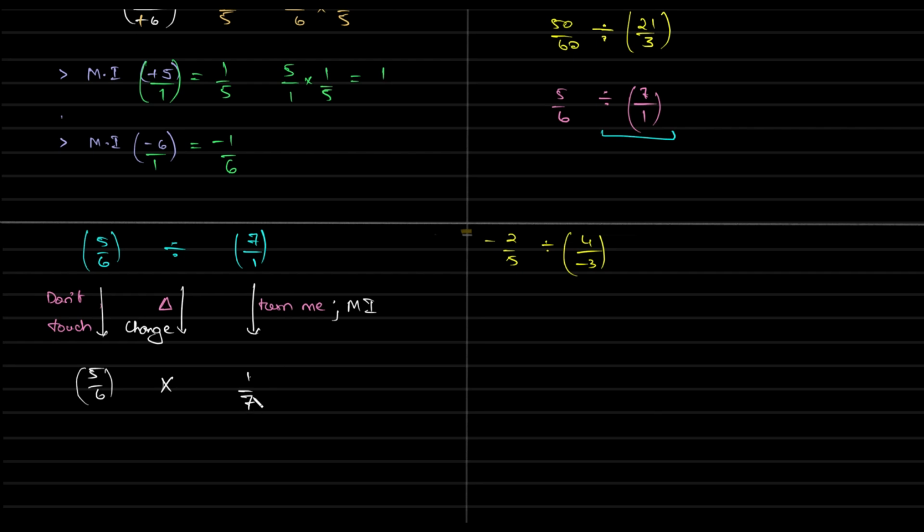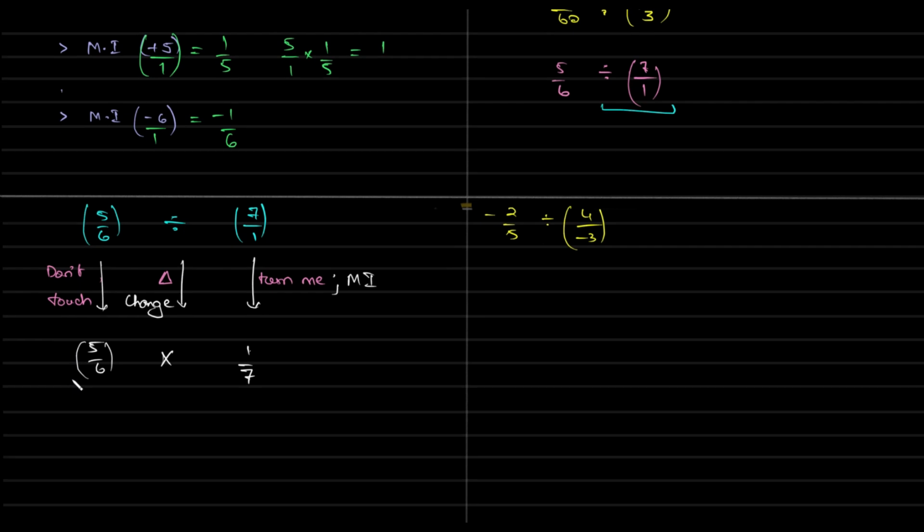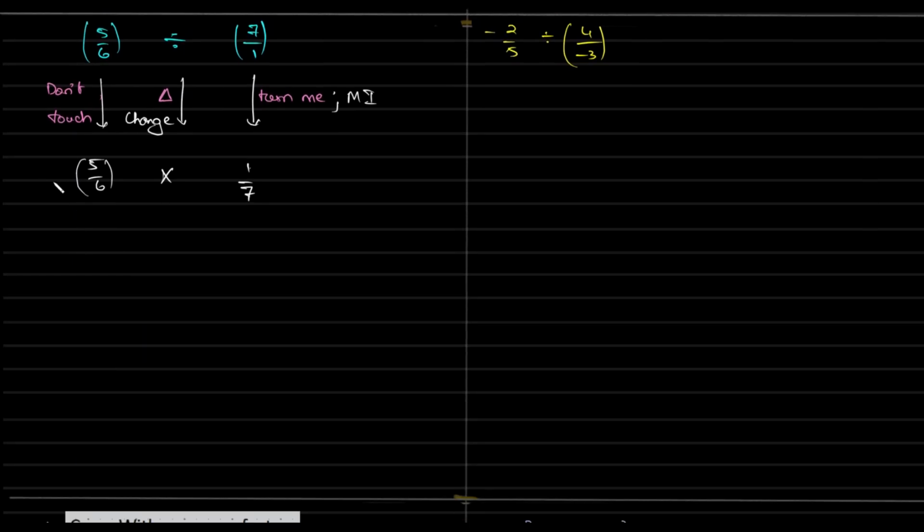So basically, if you turn, you'll get the multiplicative inverse. And thus we have our division converted to multiplication. And here it's just a matter of you know what to do. 5 by 6 into 1 by 7. I can't cancel anything. So 5 into 1 is 5. 6 7s are 42, and we have our answer.